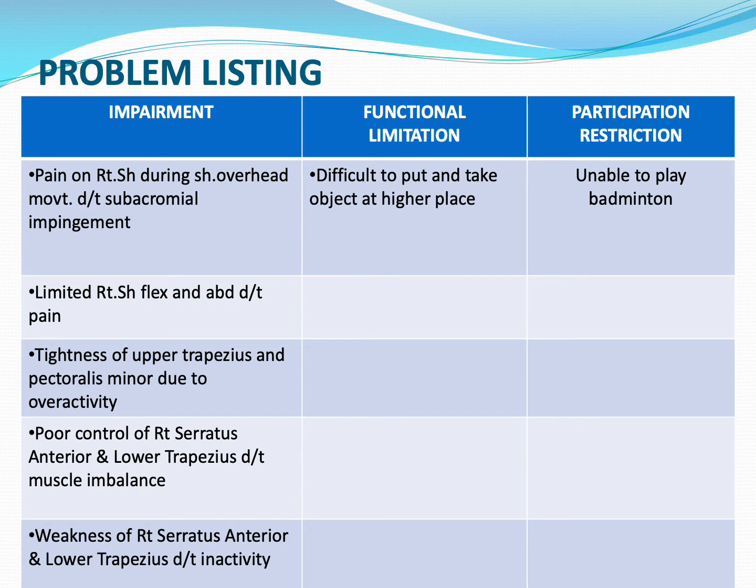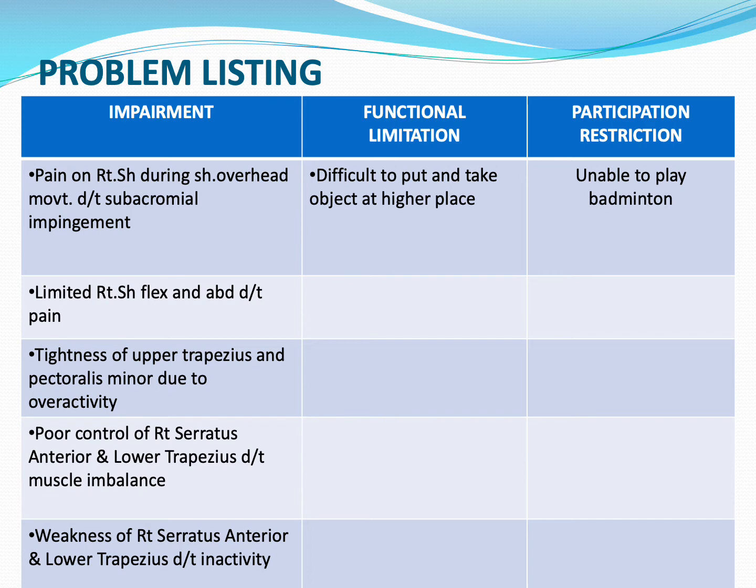This patient has 5 impairments. The first one is pain on the right shoulder during shoulder overhead movement due to subacromial impingement. The second one is limited right shoulder flexion and abduction due to pain. The third impairment is tightness of upper trapezius and pectoralis minor due to overactivity of these muscles.